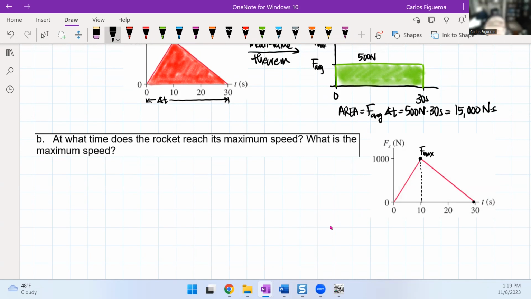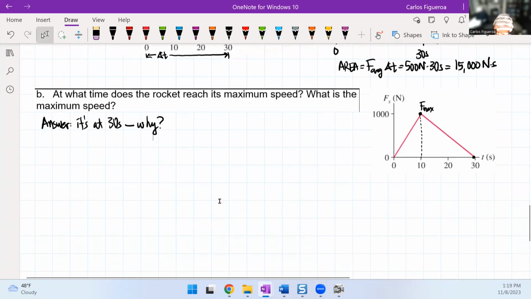The answer is that it's at 30 seconds. And the question is, why? Well, I want to give you an analogy to try to conceptually get you to think about this.